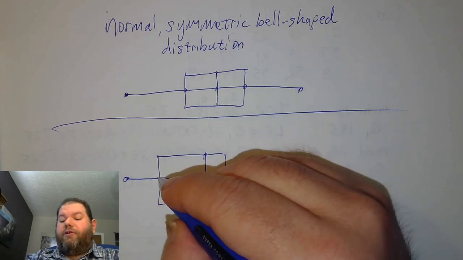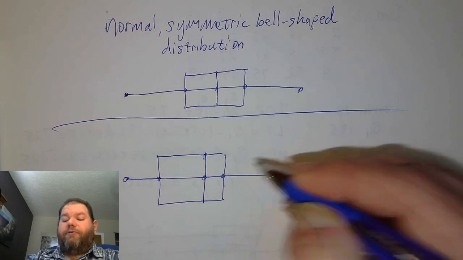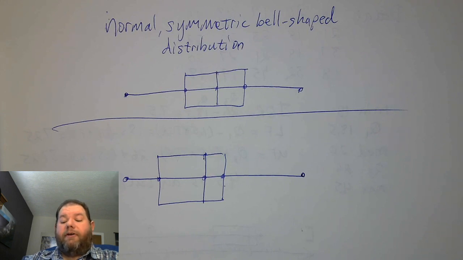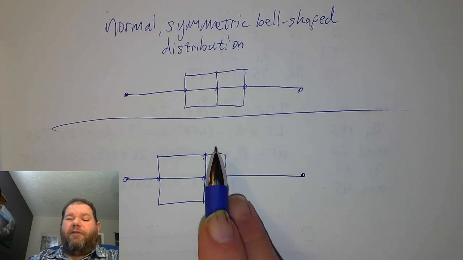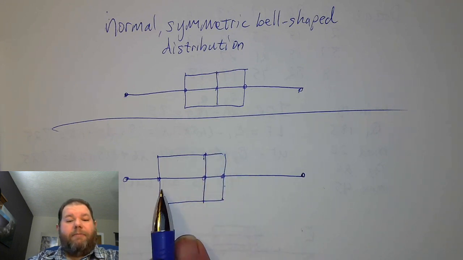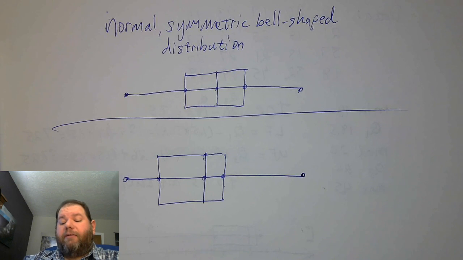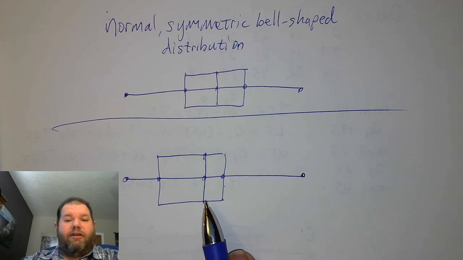In this situation, it's actually harder to tell what's going on with the data set just by looking at the box plot, because the short whisker over here says it's skewed to the right, but the median to the right of the box means it might be skewed to the left. And in fact, depending on what metric we look at, we may end up deciding it could be either one. That's why I would encourage you to use the comparison of the median and the mean to really decide on whether it's symmetric or skewed left or skewed right. This one is actually sending mixed messages.